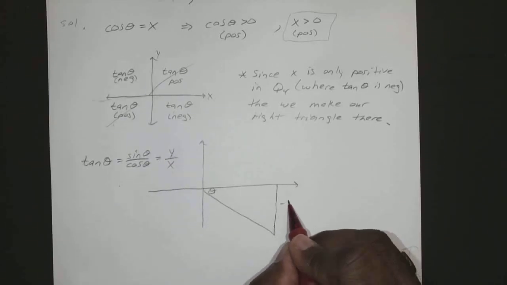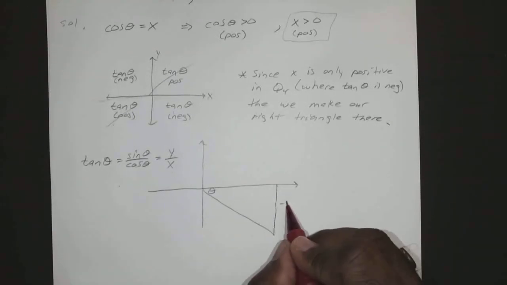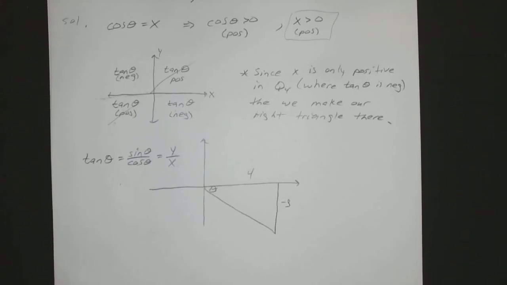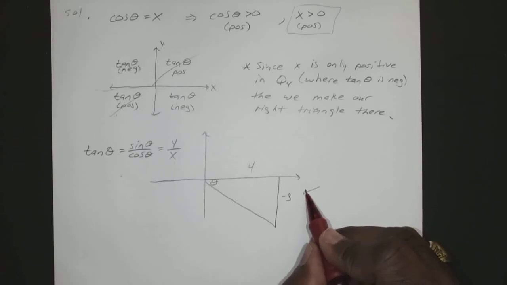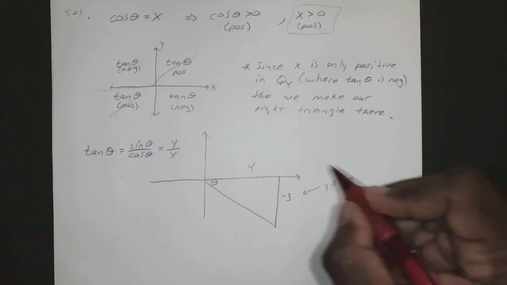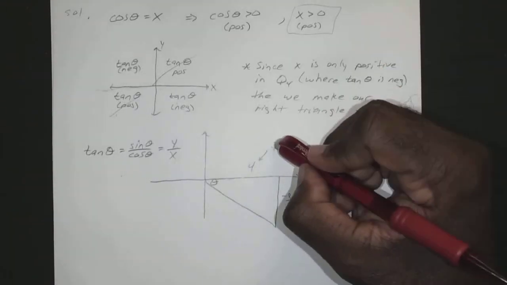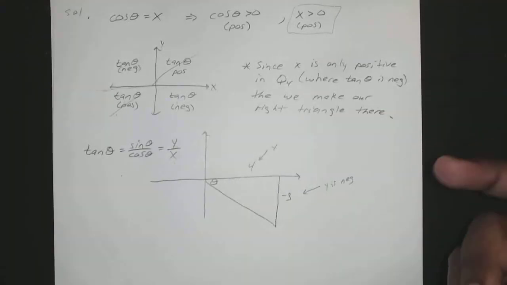So that means it would be negative 3 and 4 here. Y is negative, x is positive. Oops, clean that up just a smidgen.